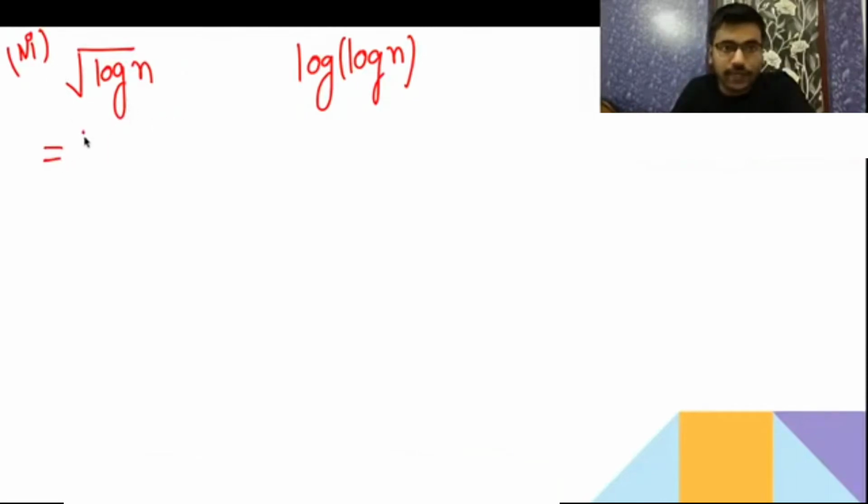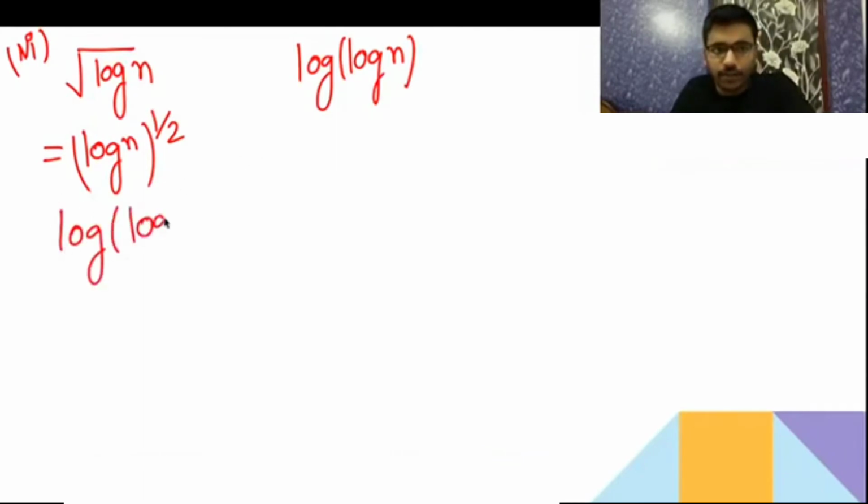So this you can write as (log n) to the power half. Now if you want to take the log, you can take it. So take log on both sides: log of (log n) to the power half. It is going to be half log of log n.